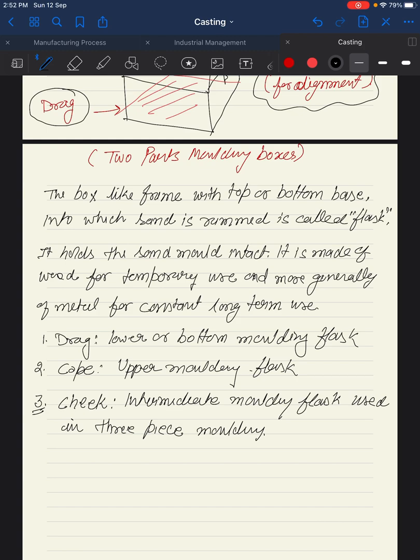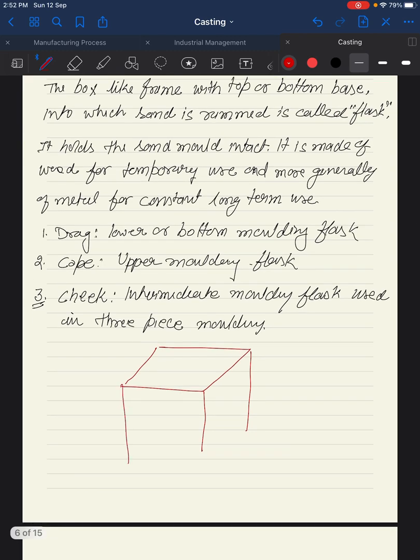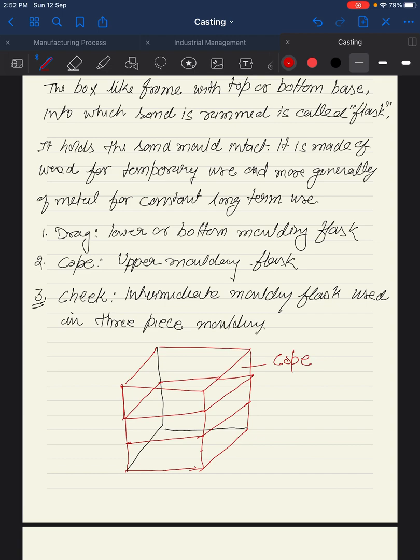Okay, let me draw. Cope, drag, and this is cheek.